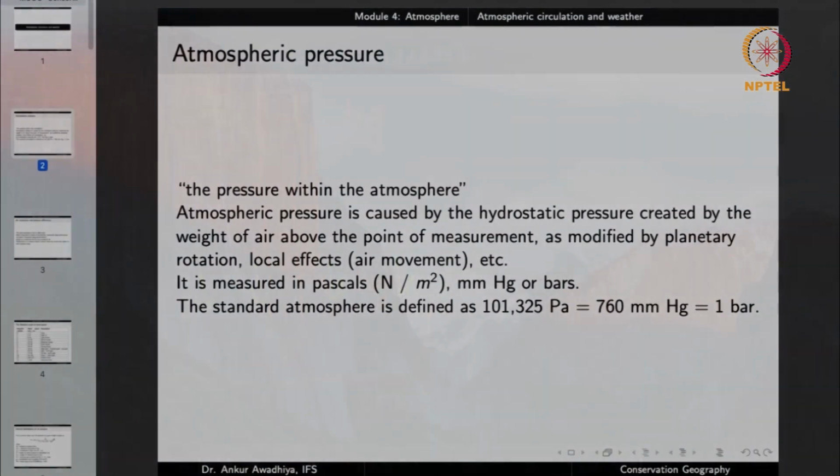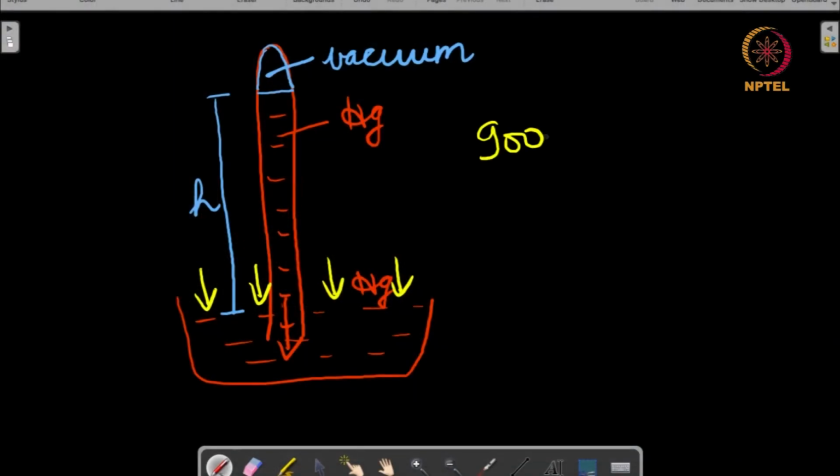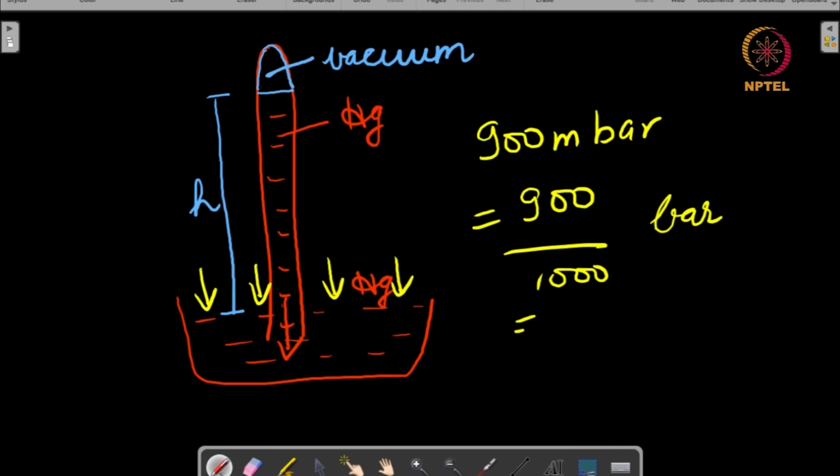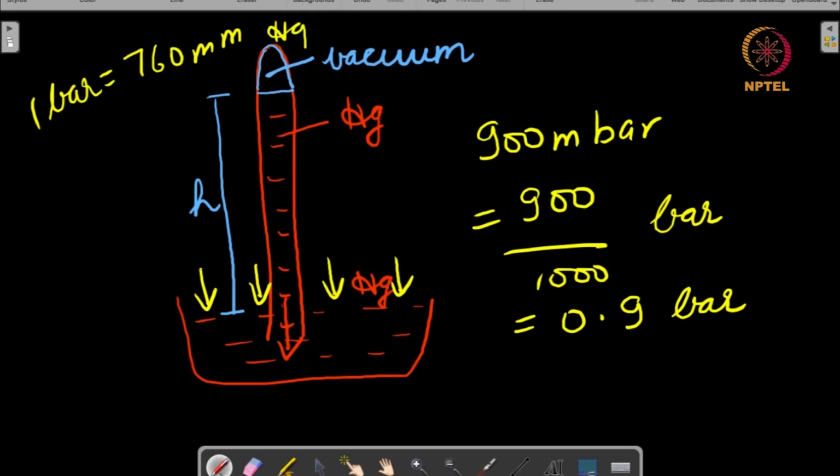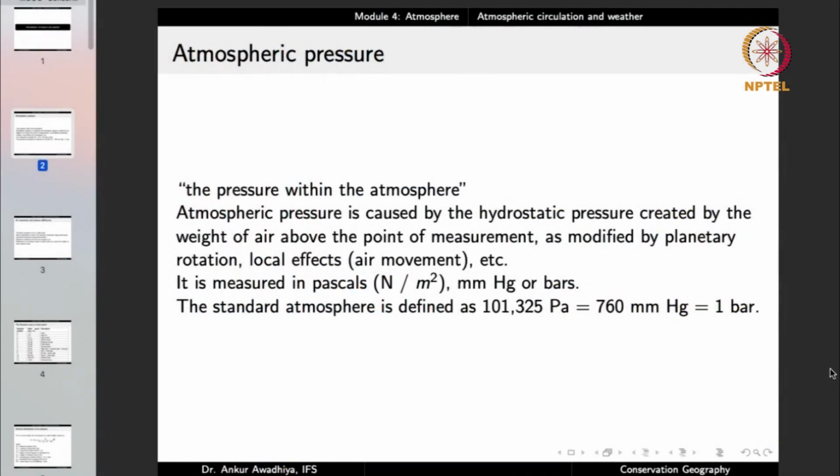Now, 900 millibars would mean 900 divided by 1000 bar, which is 0.9 bar, and because 1 bar is equal to 760 millimeters of mercury, 900 millibars will be equal to 0.9 into 760 millimeters of mercury. So, we can convert between these units by dividing them by the constant factors.